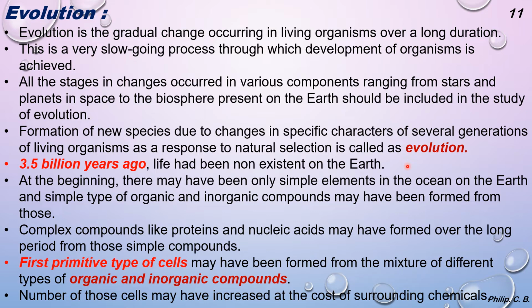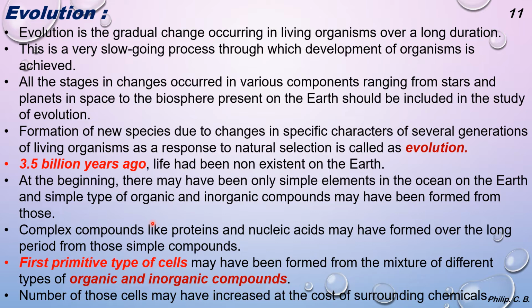Okay. Further, at the beginning, there may have been one simple element in the ocean on the earth, and simple types of organic and inorganic compounds may have been formed from those. So it began with the formation of simple elements in the ocean on the earth, and then continuous changes from organic and inorganic compounds.